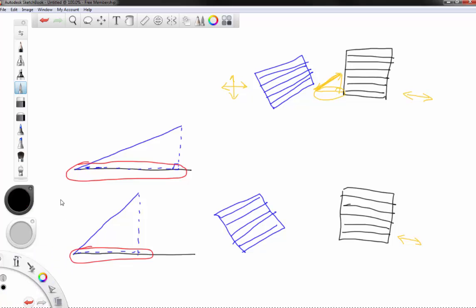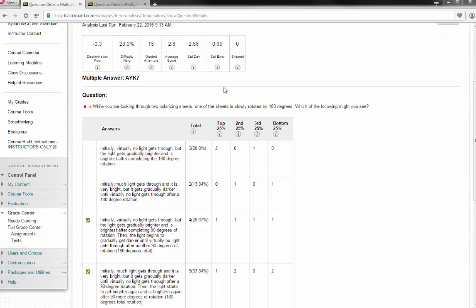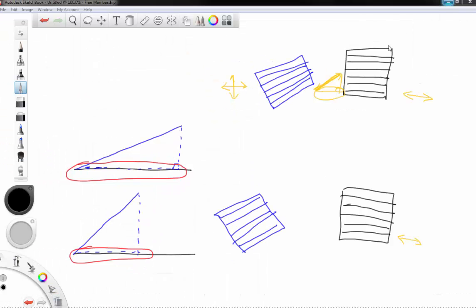So now let's return to that question again. Let's look at the different options that we have. So we are rotating one of the two sheets, maybe we rotate the polarizer sheet, by 180 degrees. Okay, that means that it starts off looking, for example, like this, and it ends up looking like this. Because maybe I put a piece of tape on one end, so that it starts off like this.